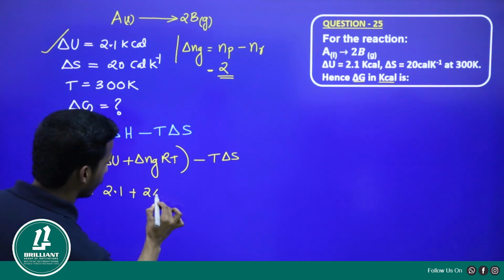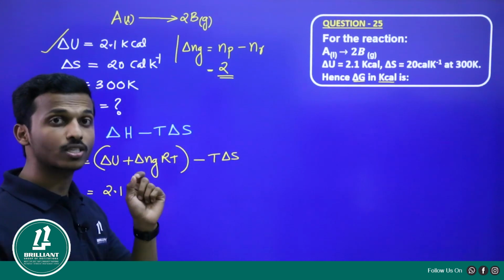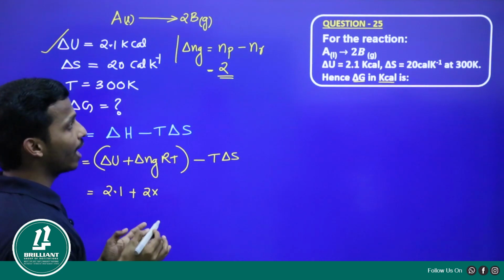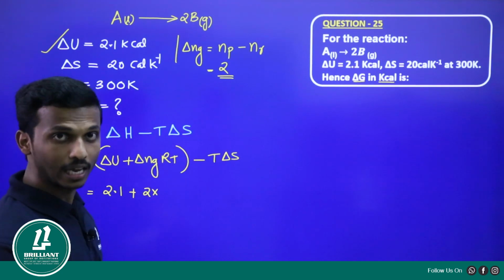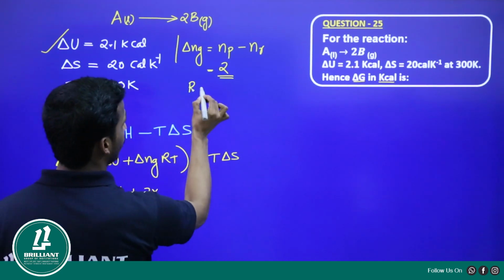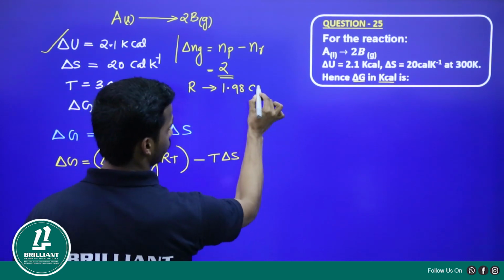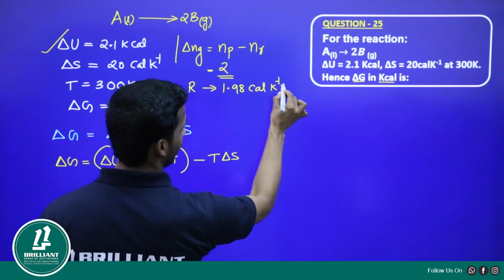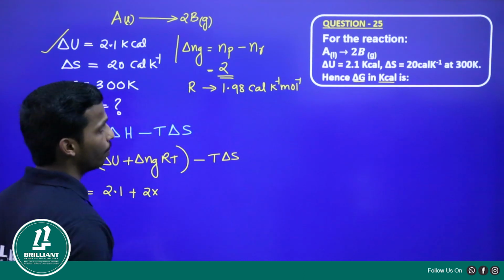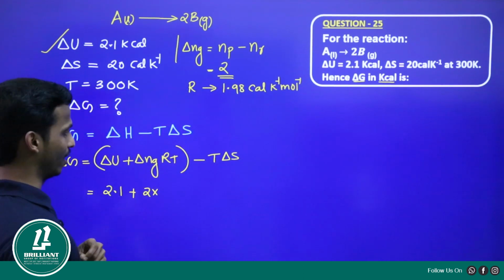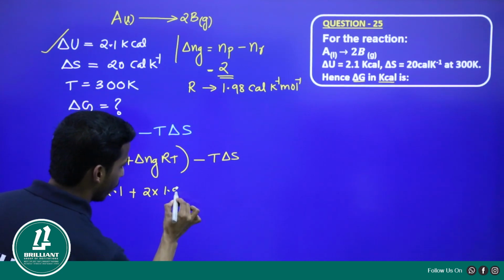So 2 will be the Ng value. So 2 into R. What is R? The universal gas constant. We need the value in kilocalories, right? The R value is actually 1.98 calories per Kelvin per mole, but we need kilocalories. Okay, let's substitute 1.98.